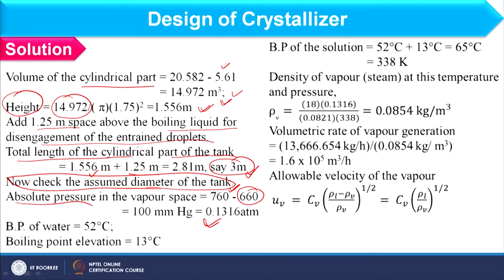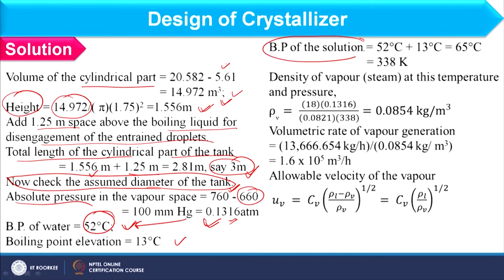So, we can consider 100 mm Hg, which is equivalent to 0.1316 atmosphere. Okay. Boiling point of the water is given as 52 degrees Celsius, corresponding to this pressure, right. So, that we can obtain from the steam table, and further boiling point elevation is given to us at 13 degrees Celsius.